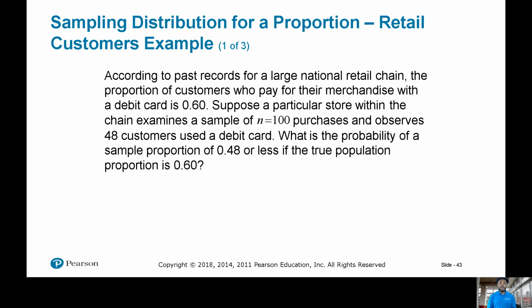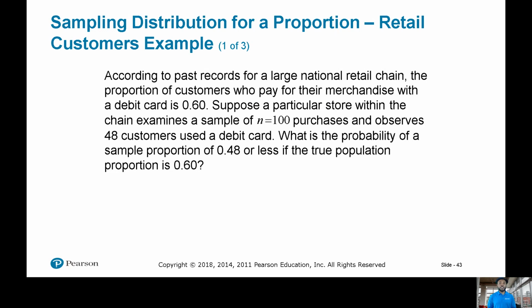Suppose a particular store within the chain examines a sample of N equals 100 purchases and observes that 48 customers used a debit card. What is the probability of a sample proportion of 0.48 or less if the true population proportion is 0.6?